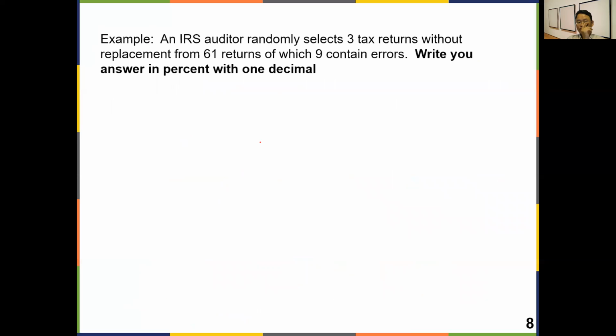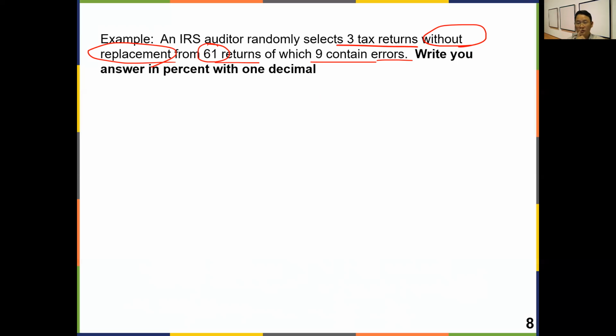Okay, let's try one more. IRS, right? Internal Revenue Service. An auditor randomly selects 3 tax returns without replacement from altogether 61 returns that contain 9 of them that have errors.